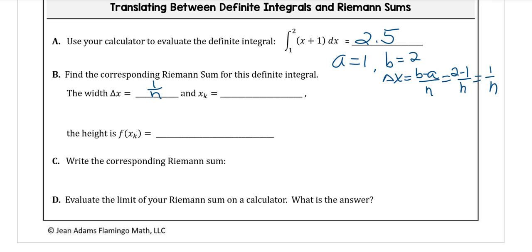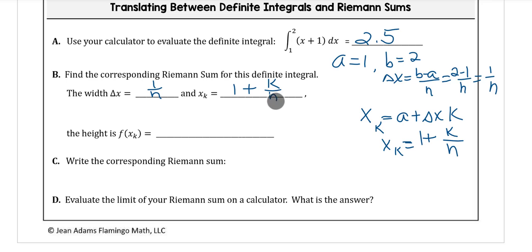And now our x sub k is a plus delta x k. In this case, it's going to be 1 plus k over n.